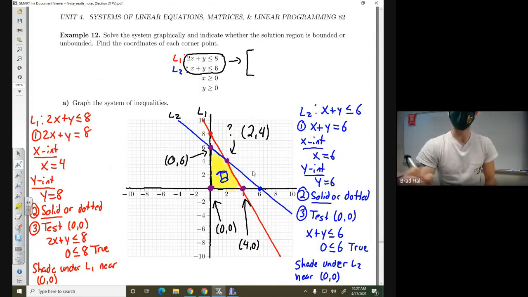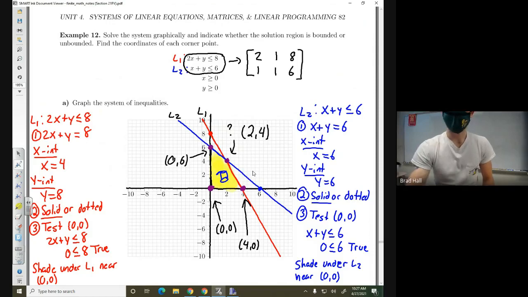So to figure out where these two lines intersect, this is where we did that augmented matrix stuff, where we took the coefficients and constructed a matrix out of them.